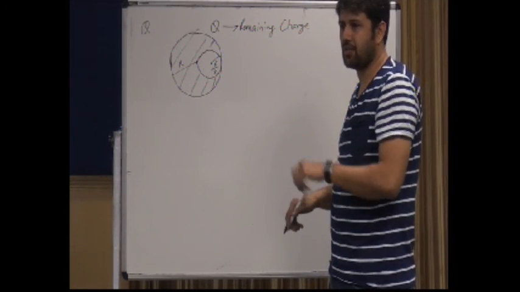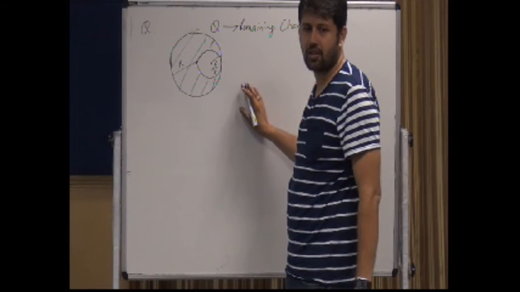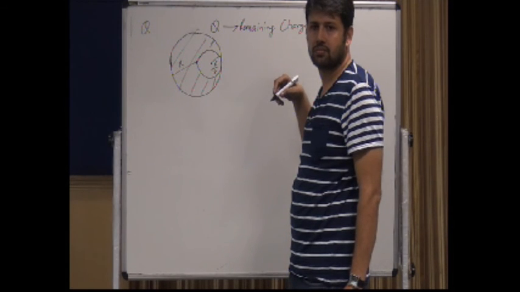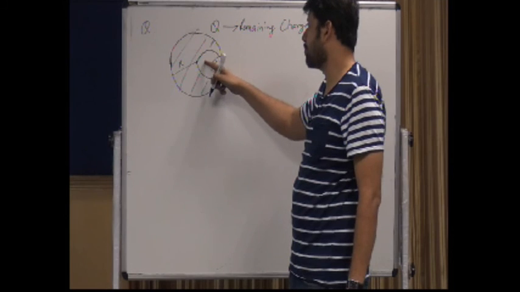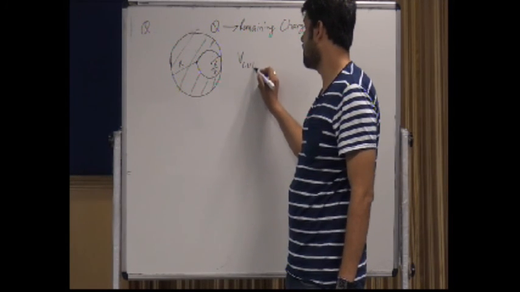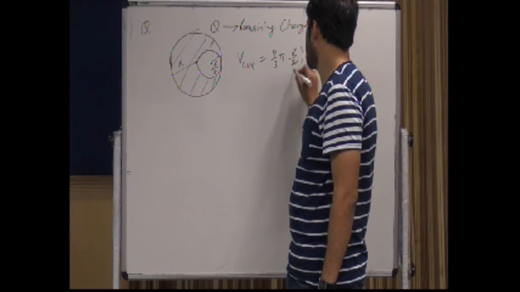So let's try to find the remaining portion. The cutout portion, volume cut would be 4 by 3 pi (R by 2) cube.